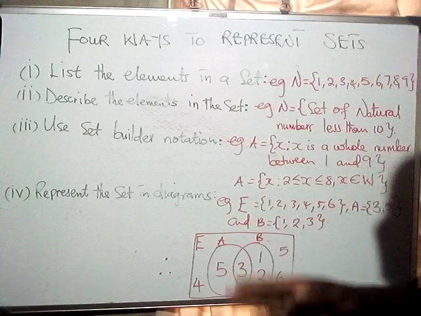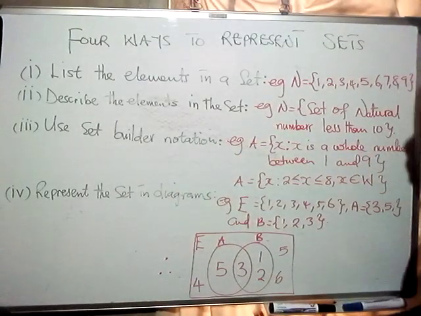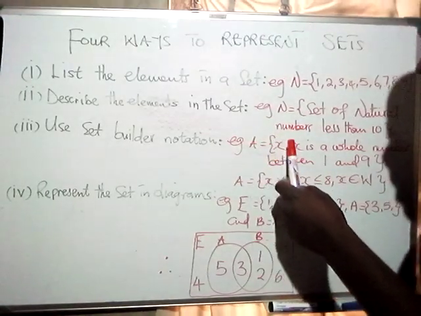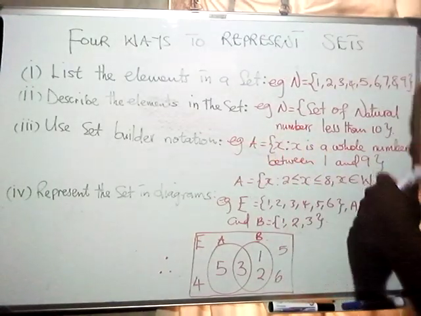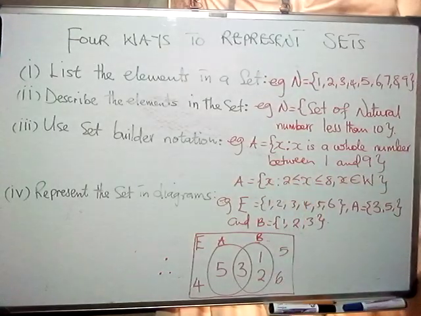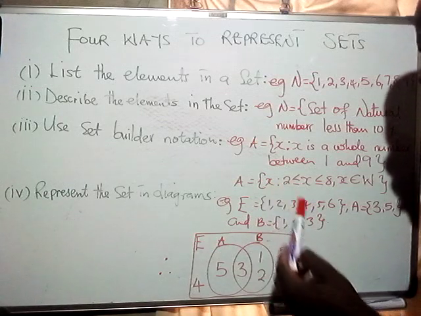Number 3, use set builder notation. This is where we have this language. For example, we have A is equal to open bracket x, such that x is a whole number between 1 and 9. Now you put it in set builder notation.